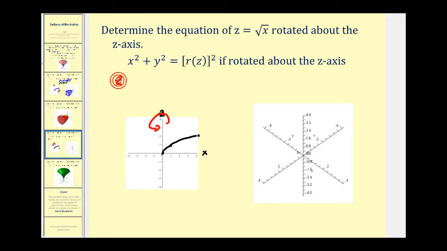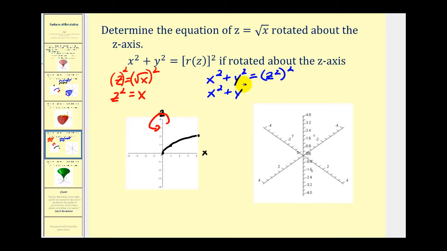So if we take z equals the square root of x and we square both sides of the equation, we're going to have z squared equals x, which means r of z is going to be z squared. So the equation of the surface will be x squared plus y squared equals z squared squared, or x squared plus y squared equals z to the fourth.